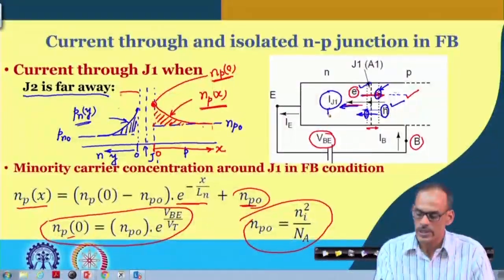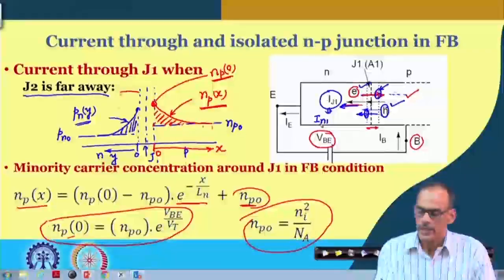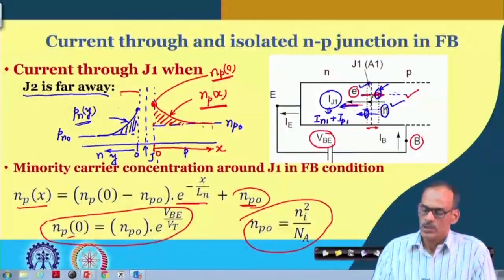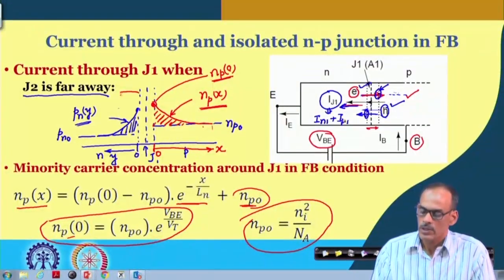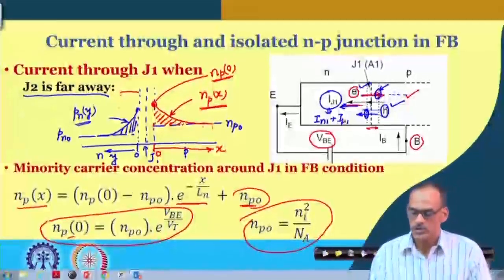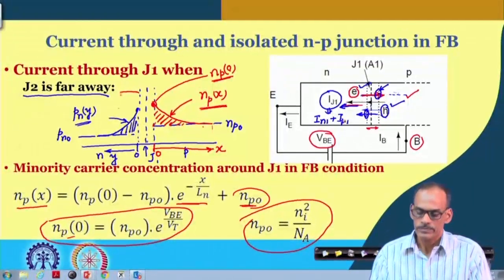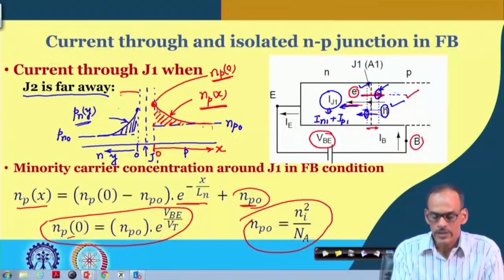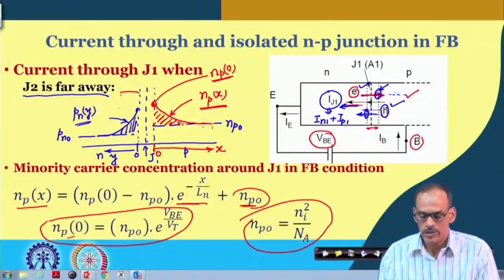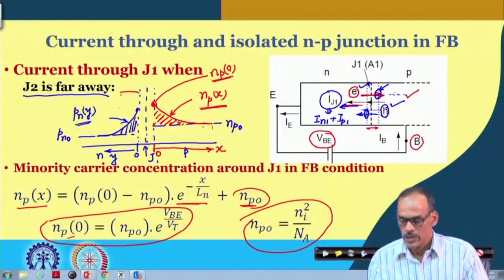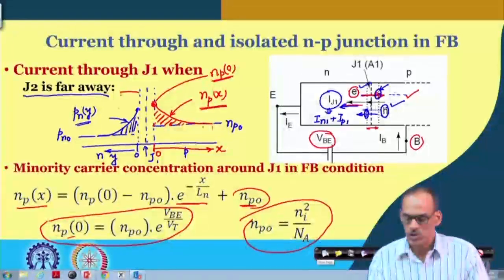This current has two components, I n 1 plus I p 1. 1 stands for the first junction, n stands for the electrons, and p represents the positive charge, the holes current. So, because of the diffusion of the minority carriers, there will be a current flow. Let us see the equation of that current flow.